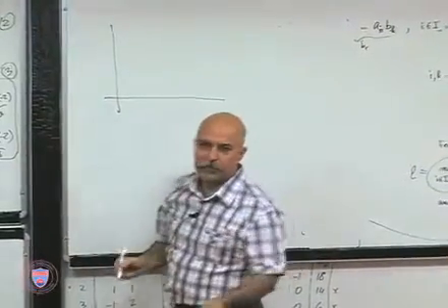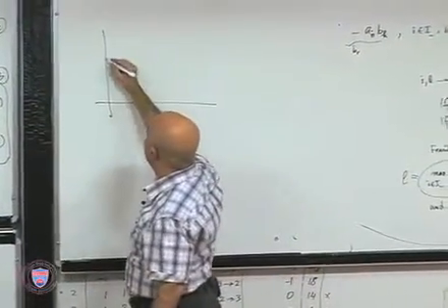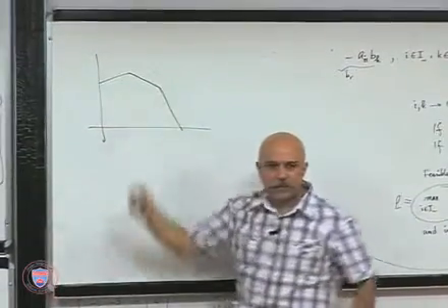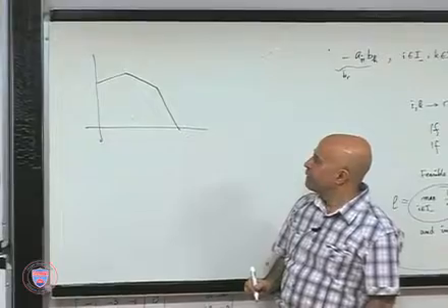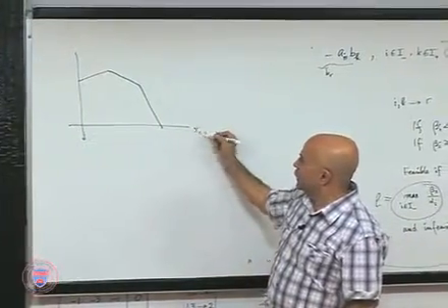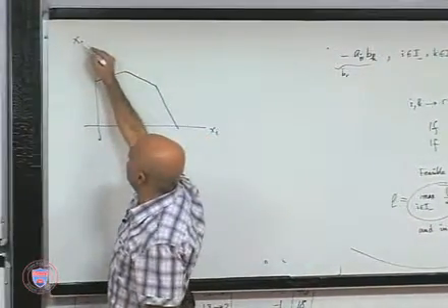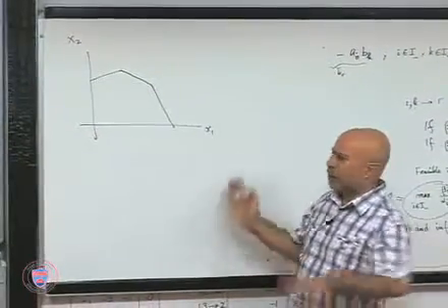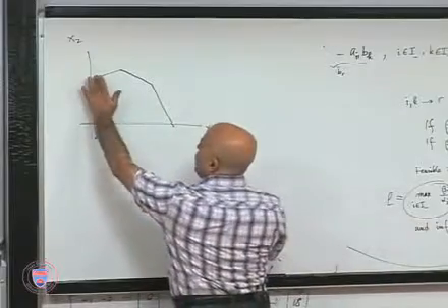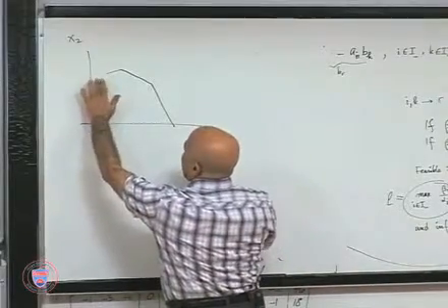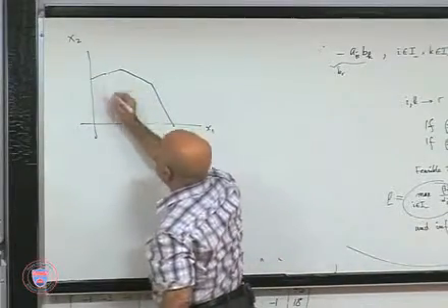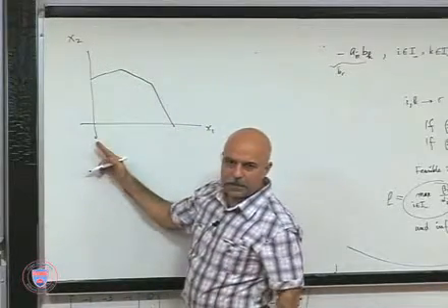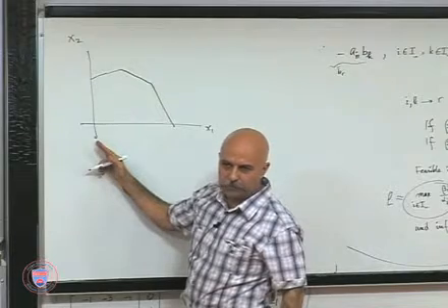Let's assume we have only two variables, and we have a feasible set that may look like this. So inside of this, this is the x1 variable, this is the x2 variable. If I'm eliminating x1, what am I doing? I'm taking the shadow of this on the space of x2 alone.